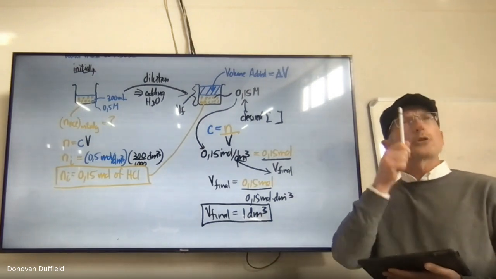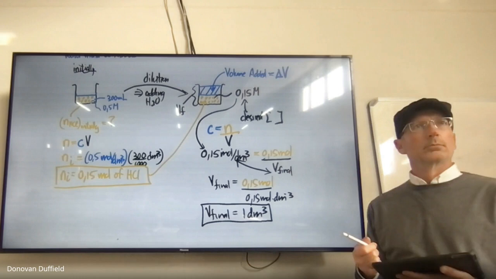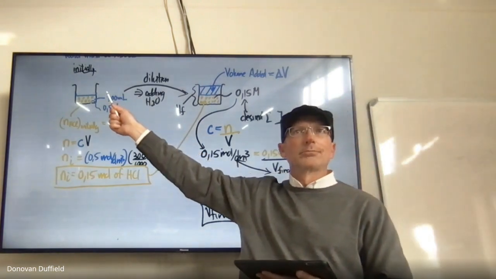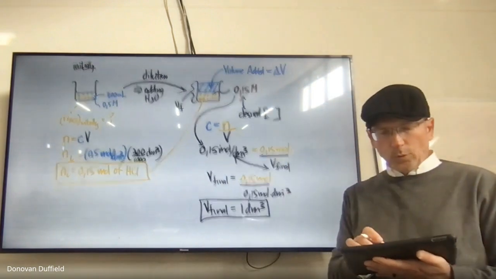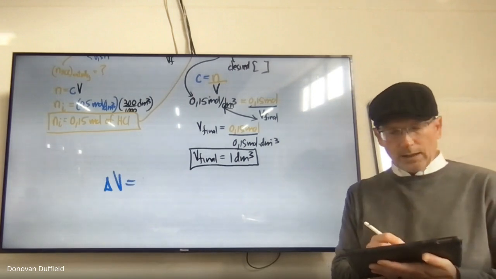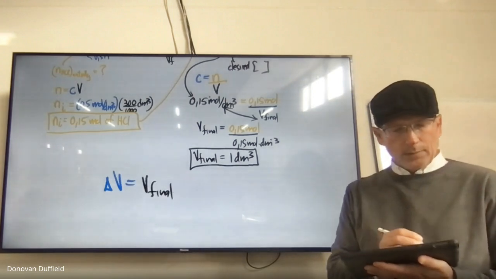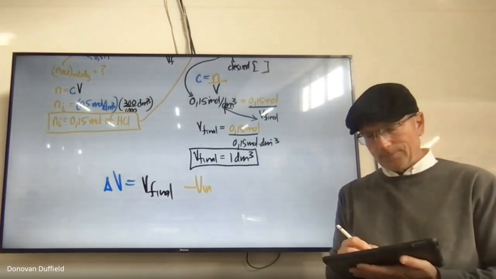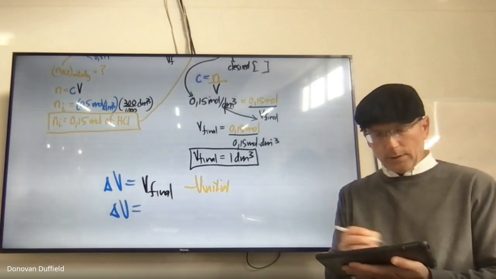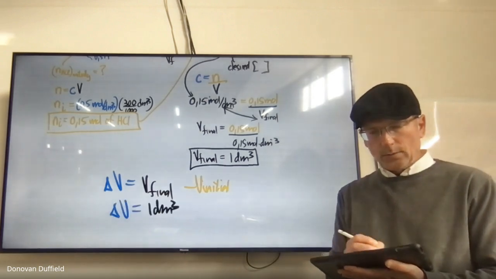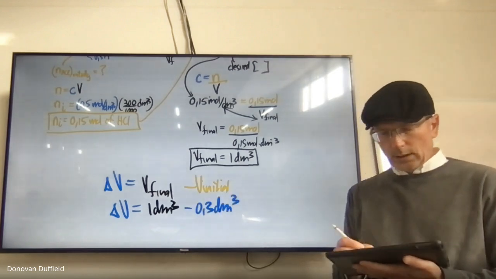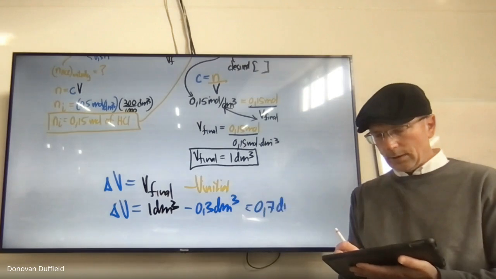But is that how much water needed to be added? That minus the initial volume. So the amount of water that needed to be added, delta V, is V final minus V initial. Delta V is 1 cubic decimeter minus 0.3 cubic decimeters, which gives us 0.7 cubic decimeters.